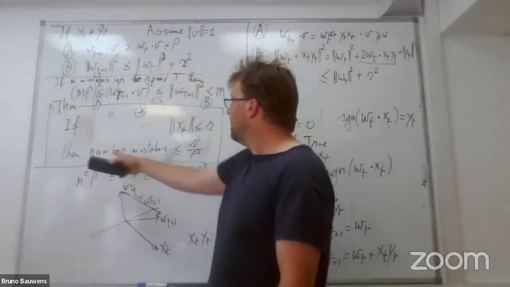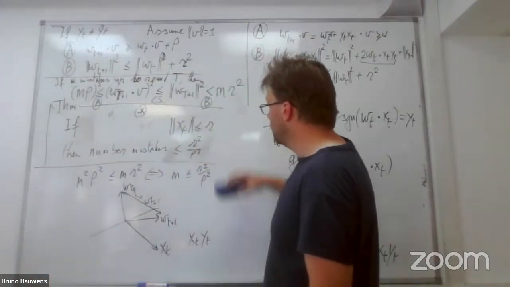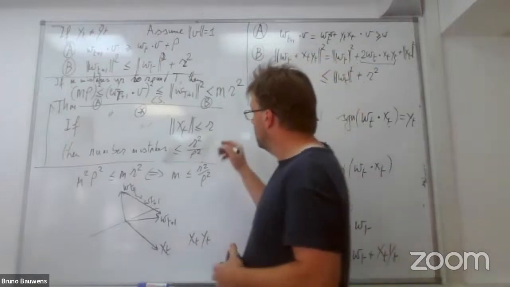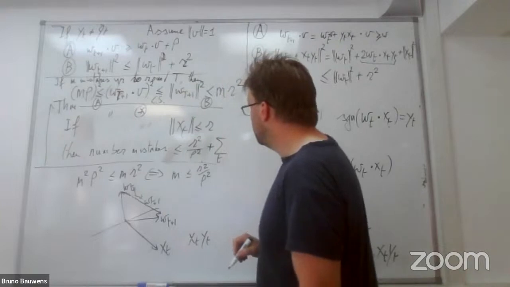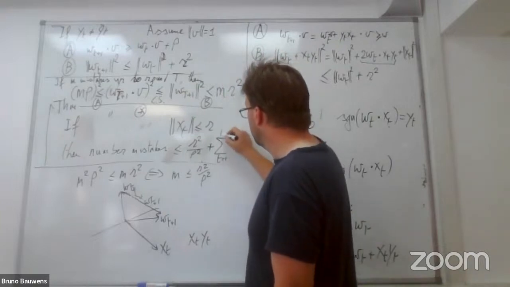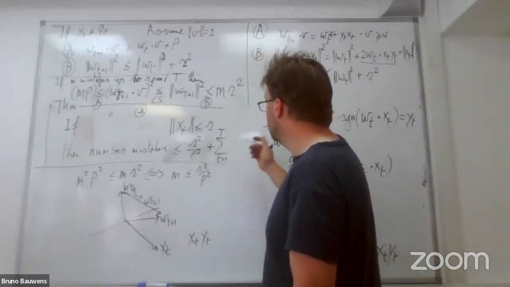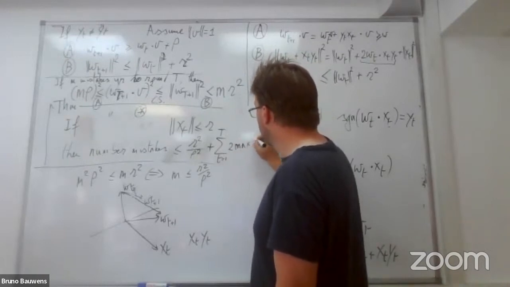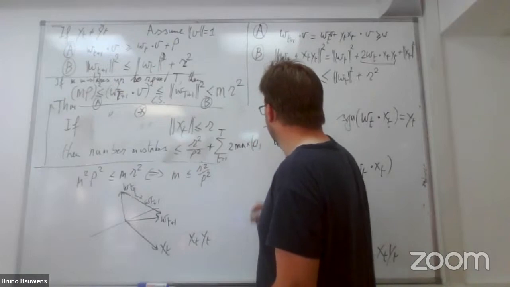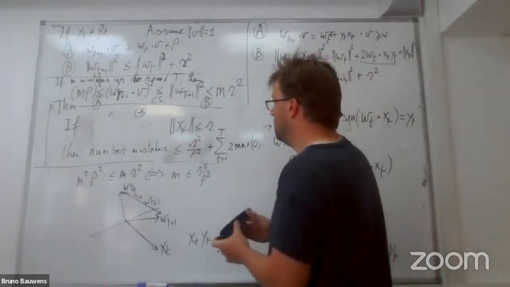And then we still have a nice bound on the number of mistakes. It is given by the sum over all rounds T equal 1 to, let's say, big T, of 2 times the maximum of 0. Yeah, I need more space.